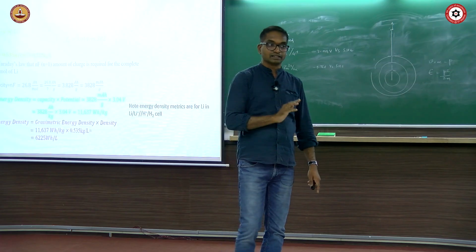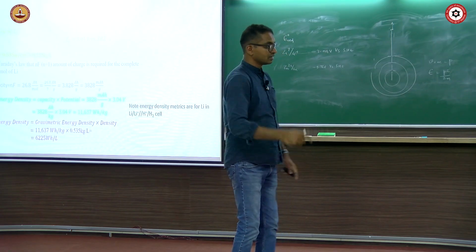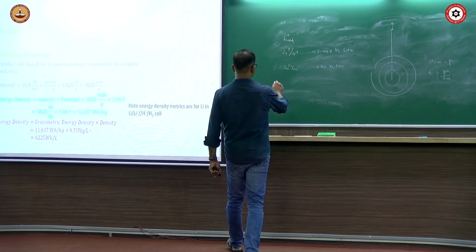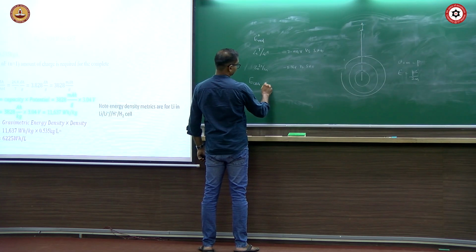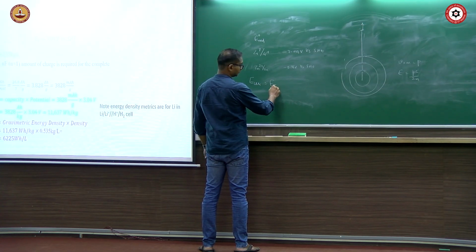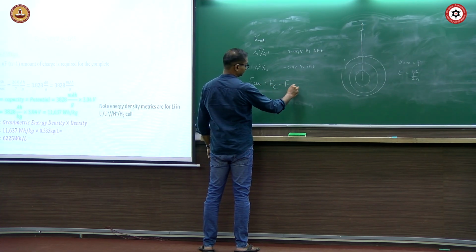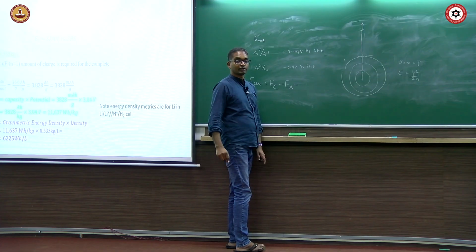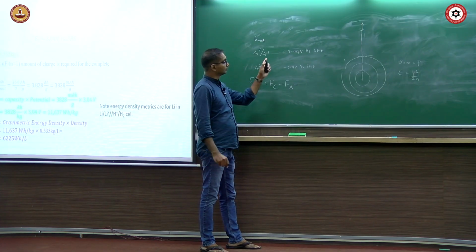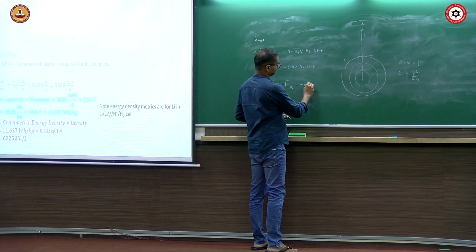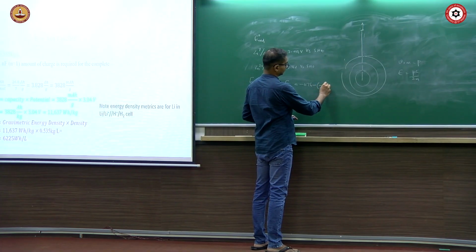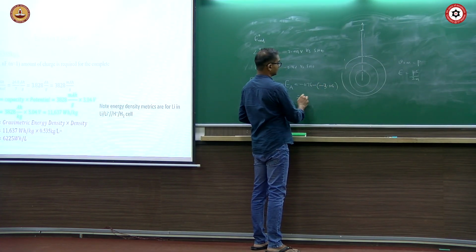Now your anode is lithium. How will you calculate E cell? Who was your cathode? E cell equals the cathode potential minus the anode potential.